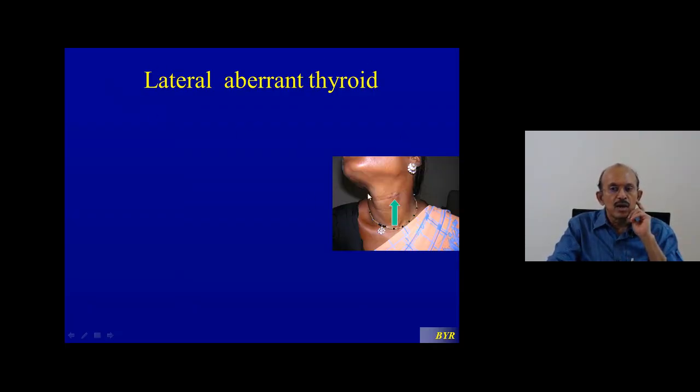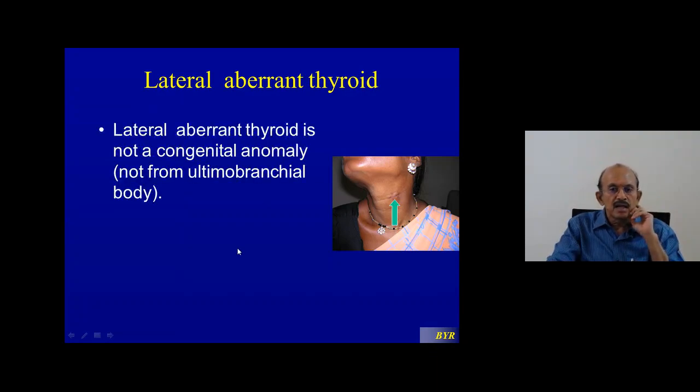Then what is lateral aberrant thyroid? It is not moving with swallowing, means it is not thyroid gland. But why is thyroid tissue there then? Lateral aberrant thyroid is not a congenital anomaly. It is not from the ultimobranchial body.